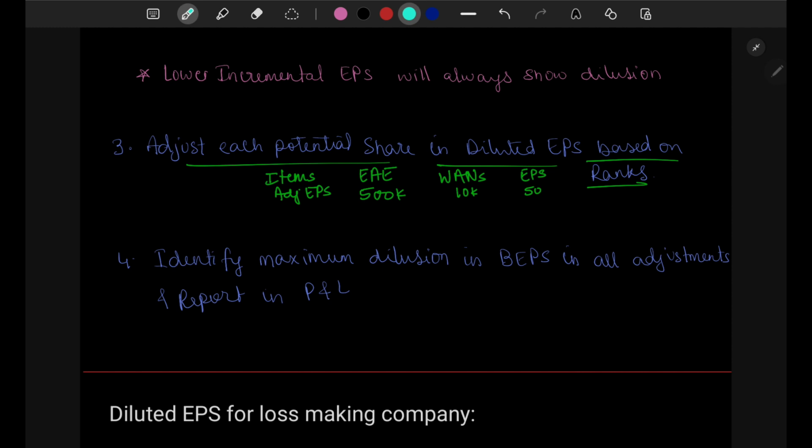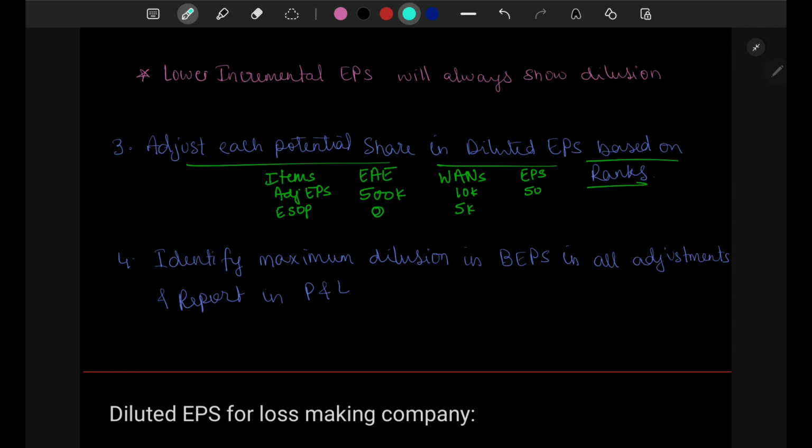Now when we bring in ESOP, the potential savings here is 0, but we are going to divide by the additional 5,000.